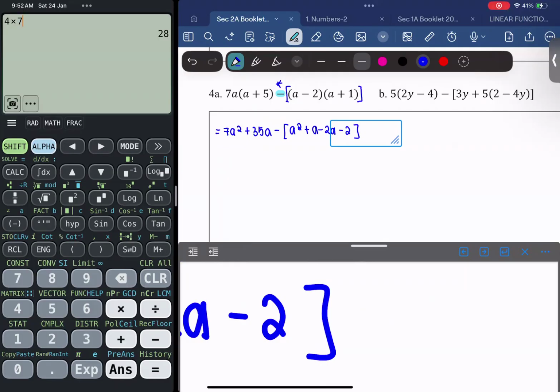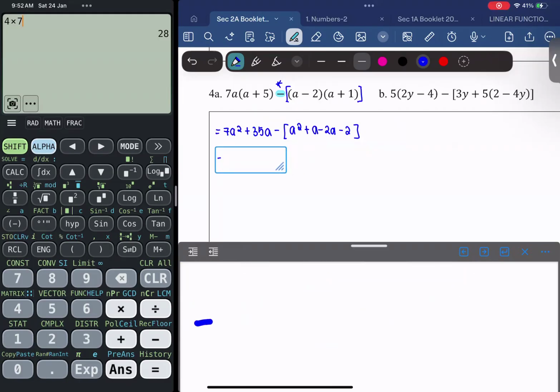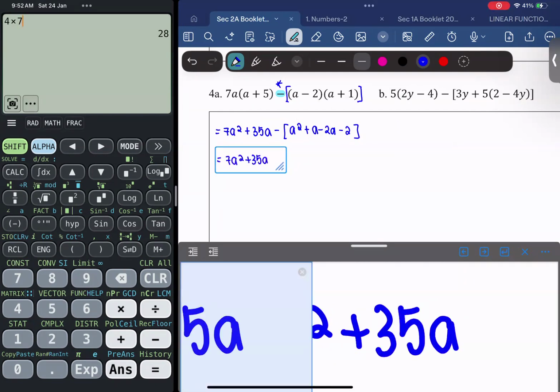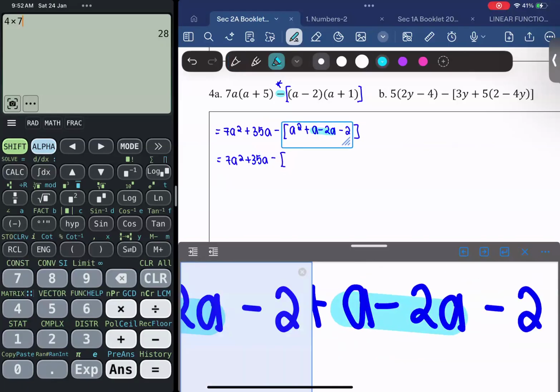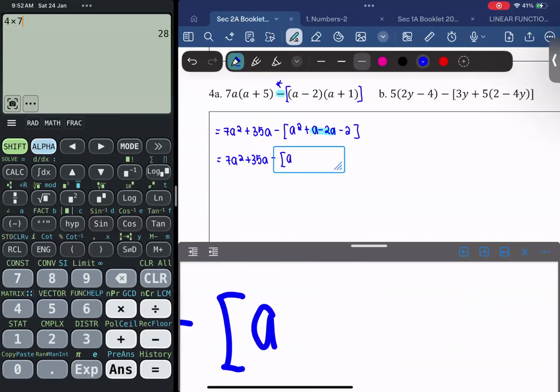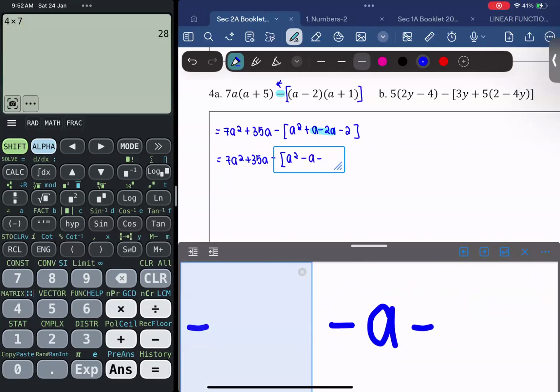Yeah, okay, good. Bernice is very good. Then after that, equals to 7a squared plus 35a minus, the a and a can put them together, right? So it's a squared minus a minus 2.